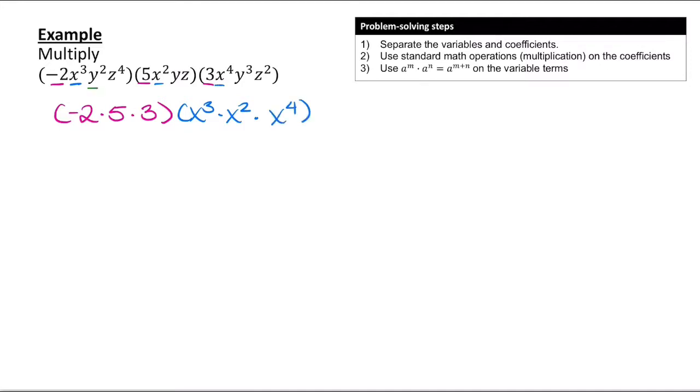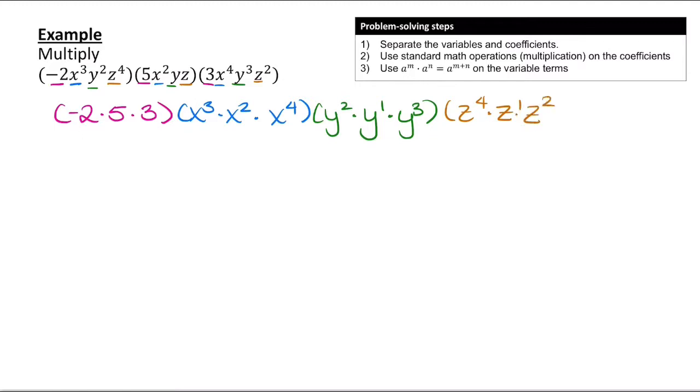And then we have y squared times y, which is like y to the 1st, and then we have y cubed. And now we have z to the 4th times z, which is z to the 1st, and we have z squared.